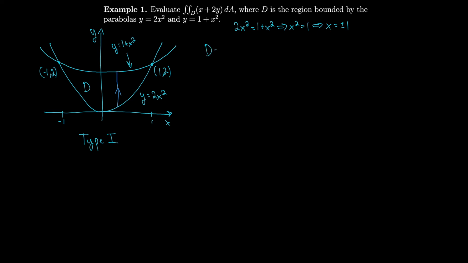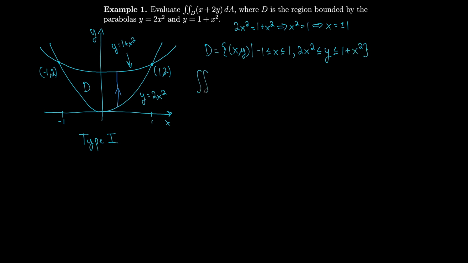So our domain is all of the points (x, y) such that x is between constant values, because the other variable is between functions. So x goes between -1 and 1, and y is sandwiched between 2x squared and 1 plus x squared.